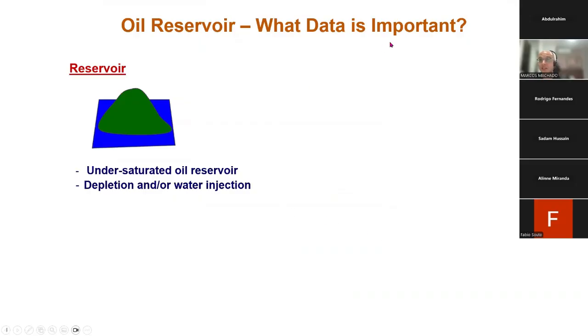Which kind of data is relevant for us? For oil, if you are working in an undersaturated oil reservoir where depletion or water flooding are the recovery methods applied to produce this oil, you need to have bottle samples to preserve the in situ composition of this oil.